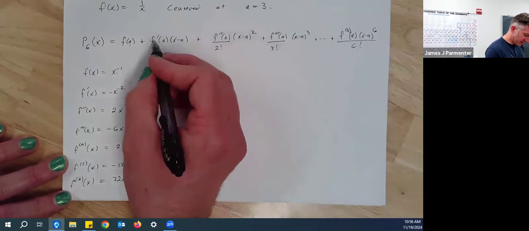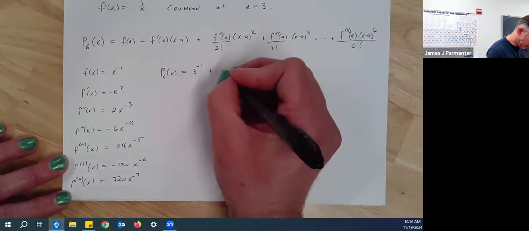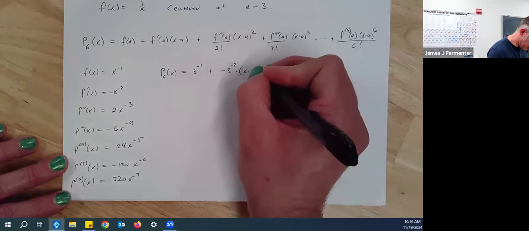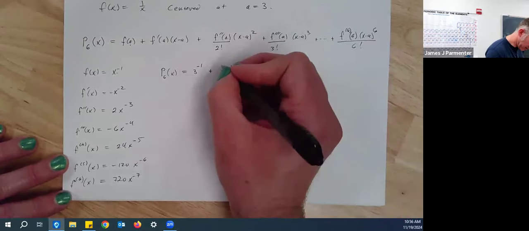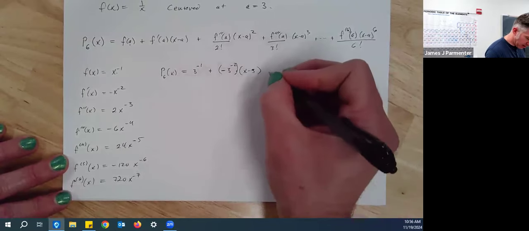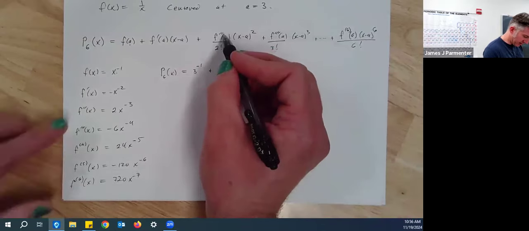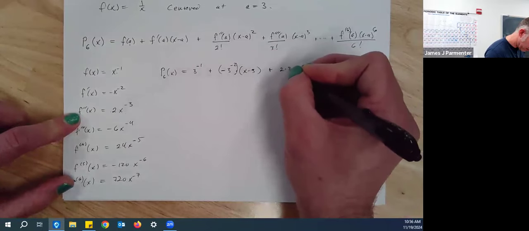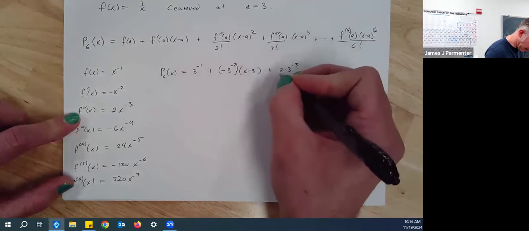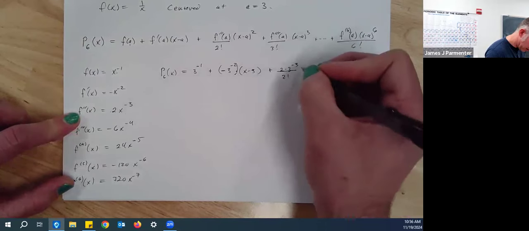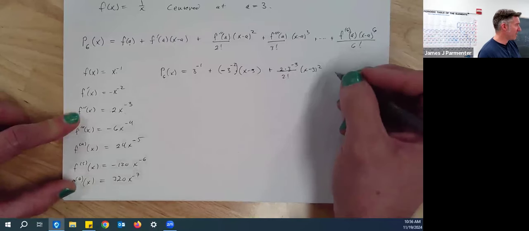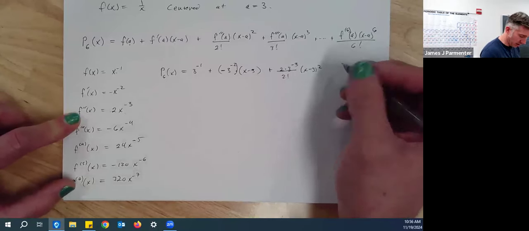And then f prime of a is going to be negative 3 to the negative second times x minus 3. I might write parentheses around that. And then the next part's going to be f double prime of a, so that's going to be 2 times 3 to the negative third divided by 2 factorial times x minus 3 squared. It's not pretty, but it gets the job done.